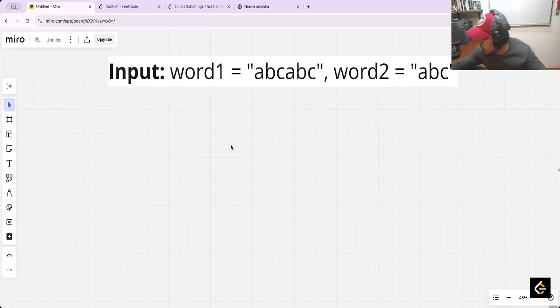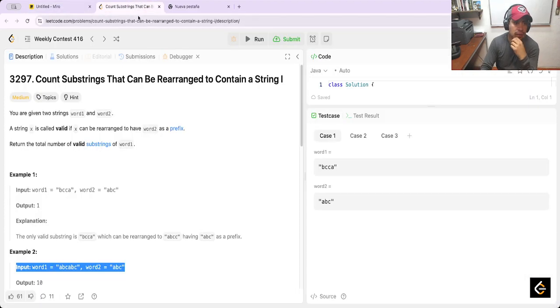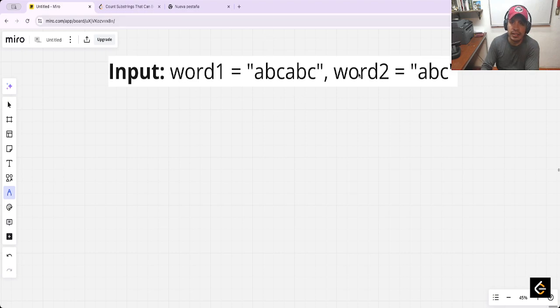Now here the idea is to get how many substrings I can have where this appears as a prefix of this.